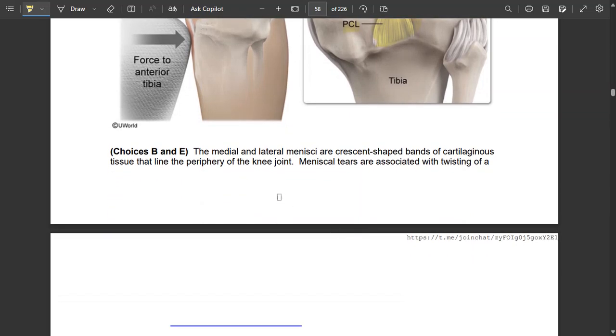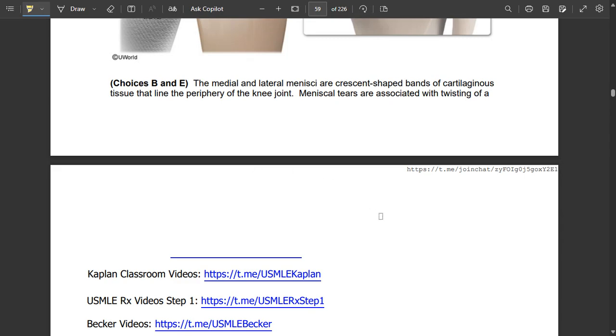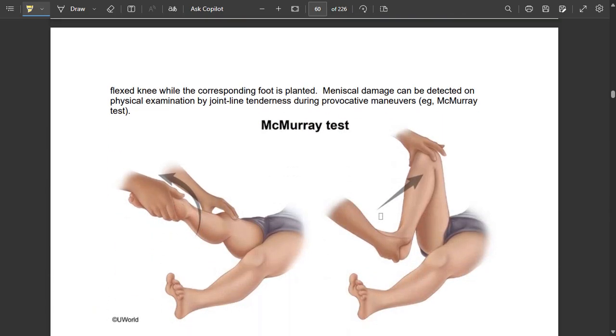The medial and lateral menisci are crescent bands of cartilaginous tissue that line the periphery of the knee joint. Meniscus tear is associated with twisting of the flexed knee while the corresponding foot is planted. Meniscal damage can be detected by joint line tenderness during provocative maneuvers like the McMurray test.